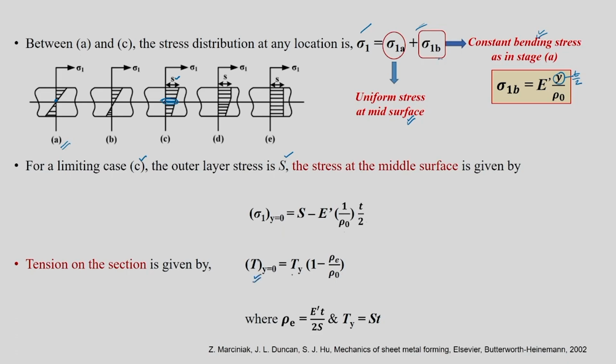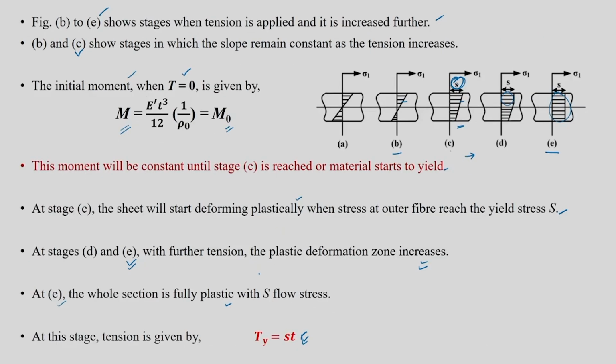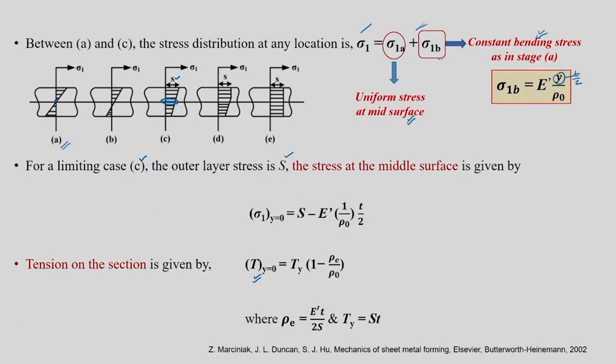T at Y equal to 0 is nothing but Ty into 1 minus rho E by rho naught. So what is this? T is S into T, okay. S into T means this into T. So ST minus E dash into 1 by rho naught into T square by 2, which is nothing but my T at Y equal to 0.